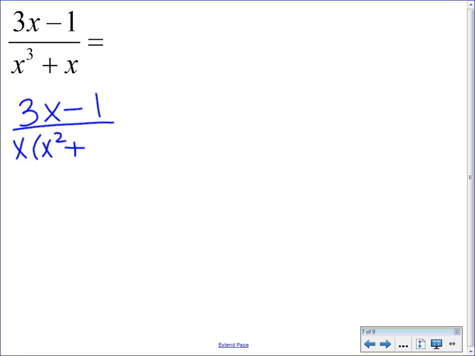Can x squared plus 1 be factored? No. So how many factors do we have? We have 2, x and x squared plus 1. Right? We have 2 factors, so we're going to have 2 fractions.